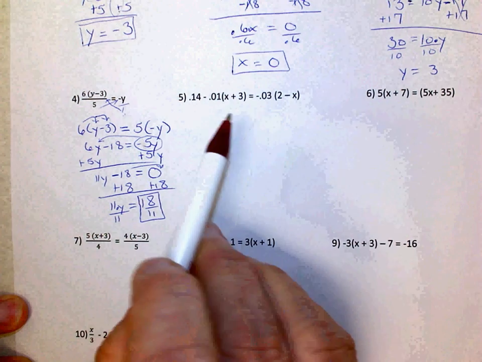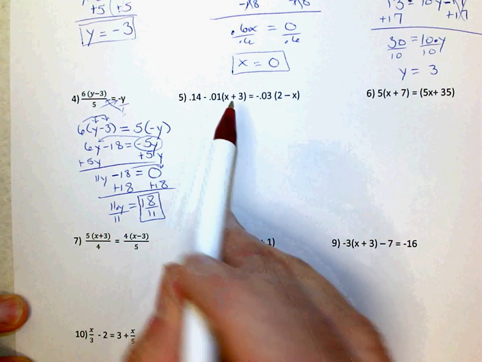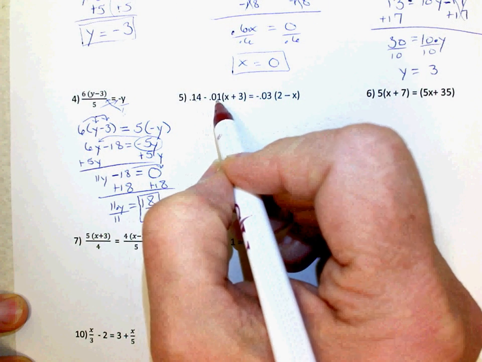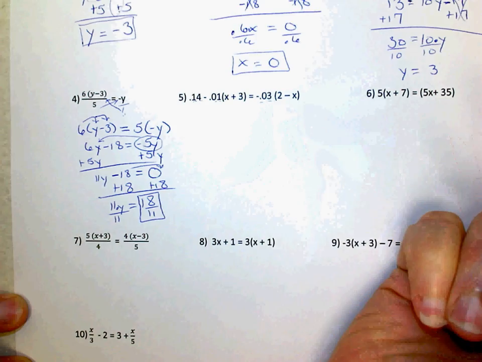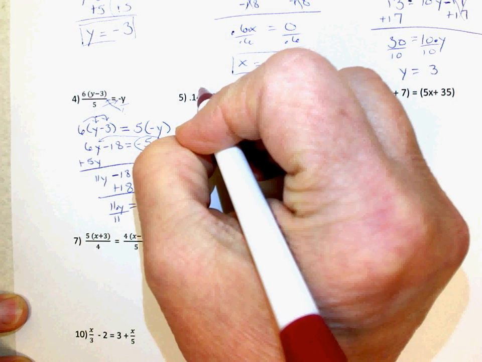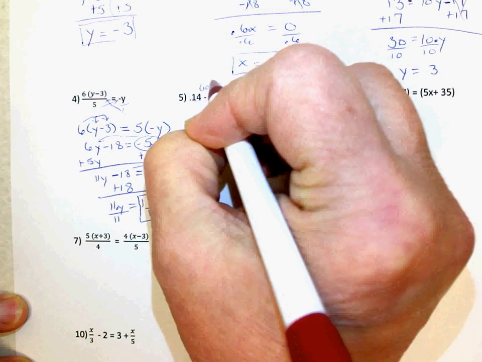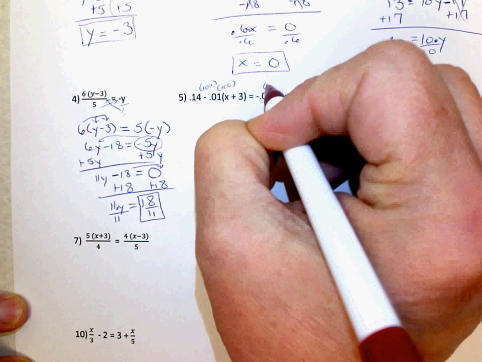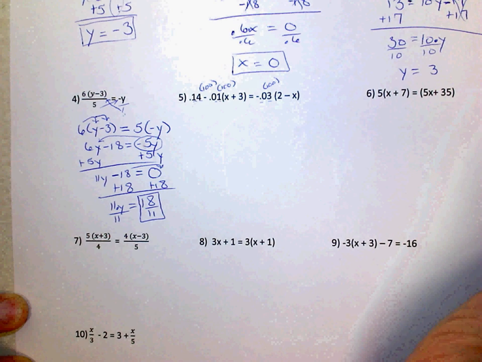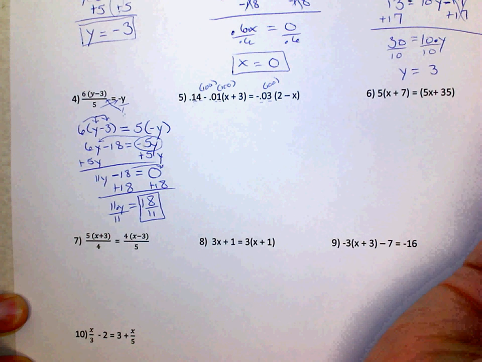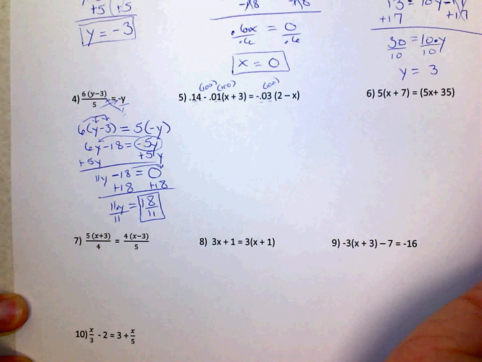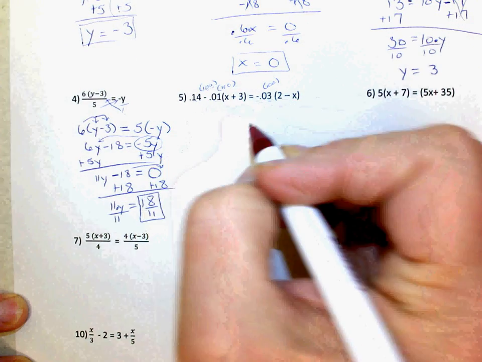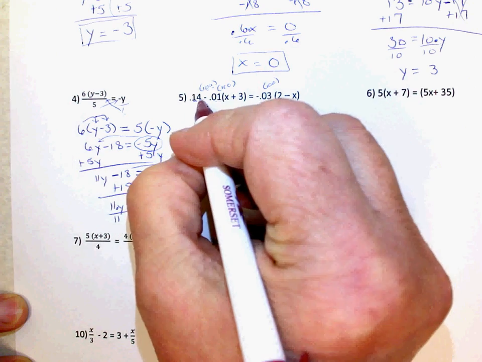Now here, there's a slight little cheat. There's 2 decimal places in every term. So we can times by 100, times by 100. And remember in the chapter on decimals in chapter 5, where we multiplied by powers of 10, however many zeros there are, that's how many times the decimal place moves to the right.